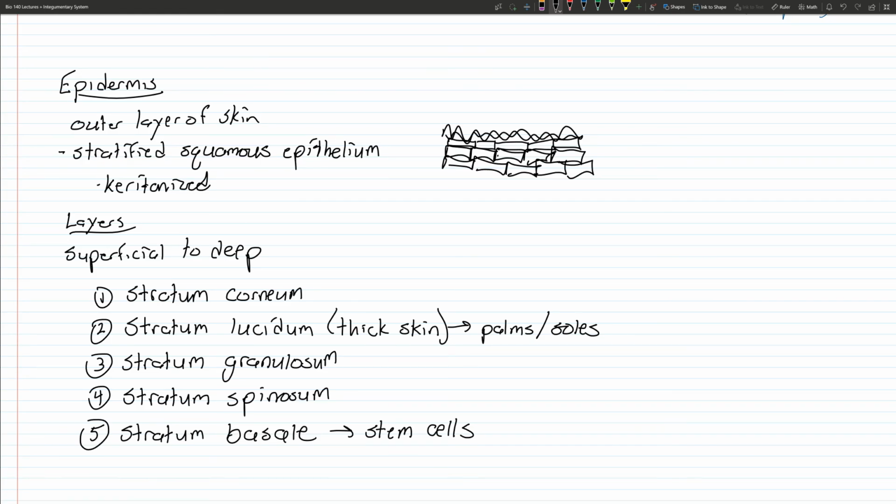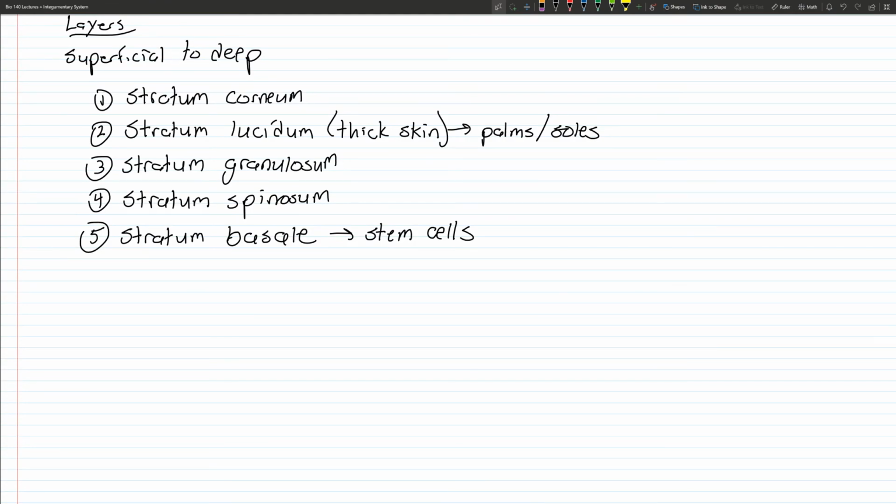So if we look at all these together, let's just draw a little picture. So we've got one layer of cells here, and they're kind of cube shaped. This is basale. Okay, and then above this, you have spinosum.